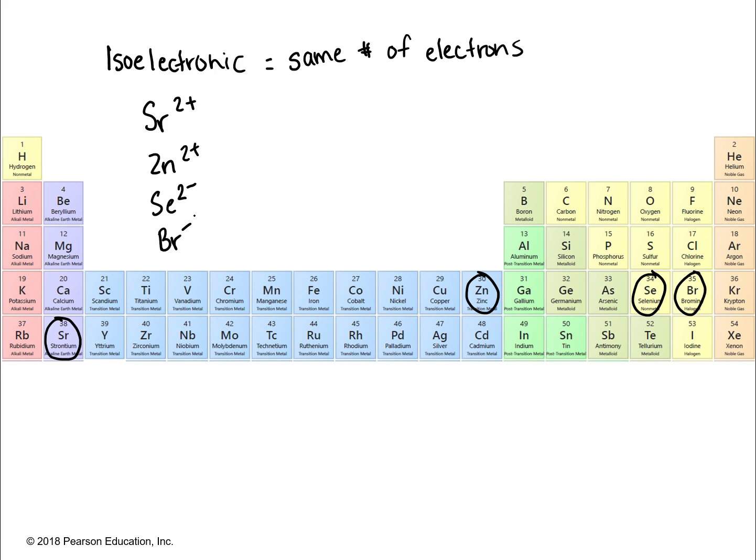That's not the same order. Don't worry about it. We talked about electron configurations of positive and negative ions. And what we said for positive ions, like strontium, is that it's going to look like the noble gas in the period above it.